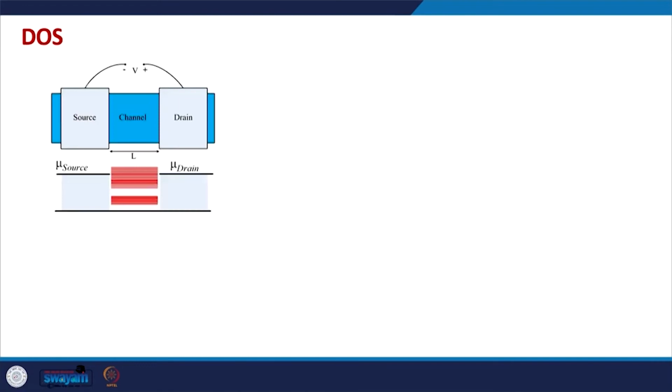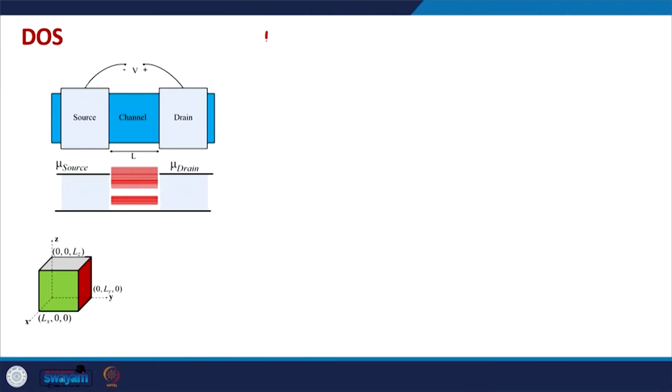From here we will try to see how electrons behave in solids using the KP model, and after that we will study the density of states, which is essentially the number of allowed electronic states per unit energy per unit volume.